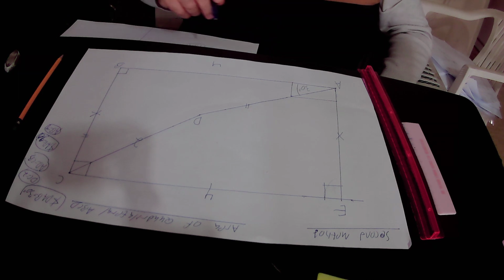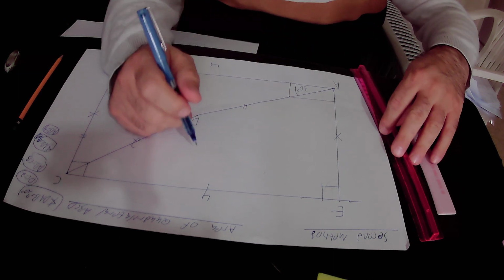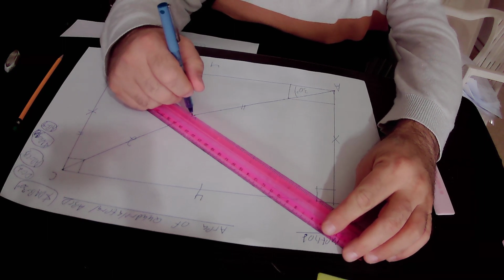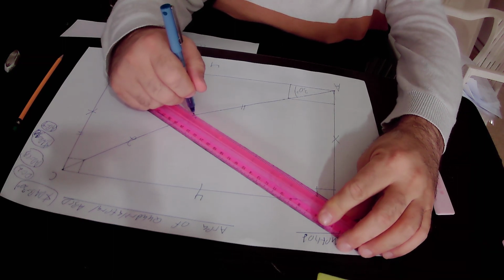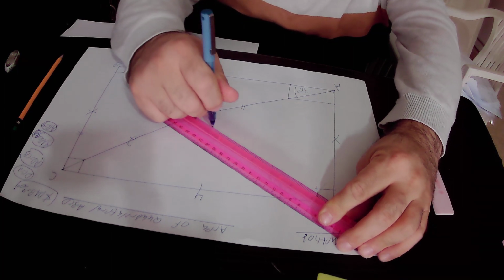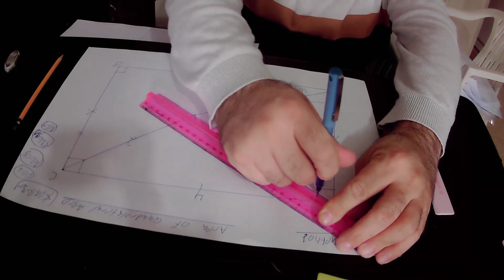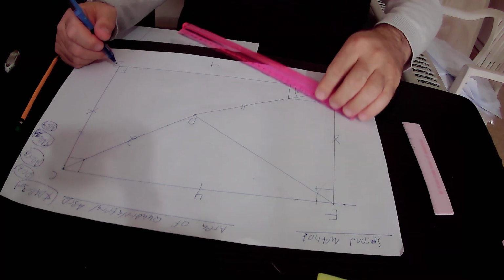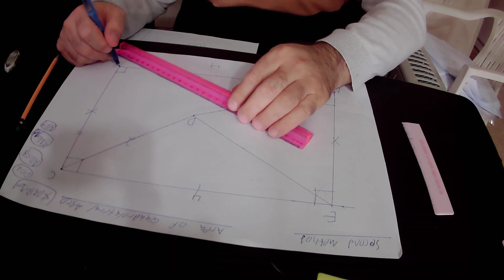In the next step, we will join points E and D together by a straight line. And we will also join together points D and B by a straight line.